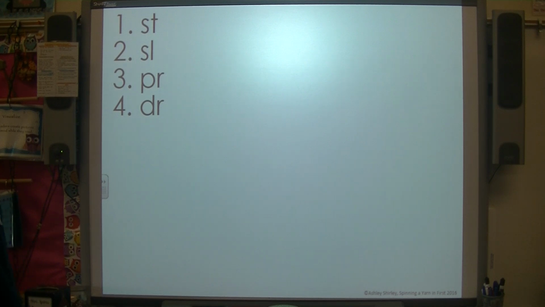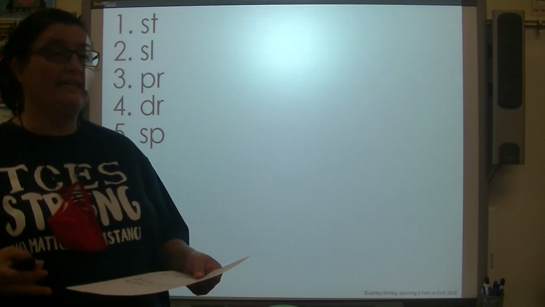Write the letters for sp. Number 5, SP are the letters in the blend sp.